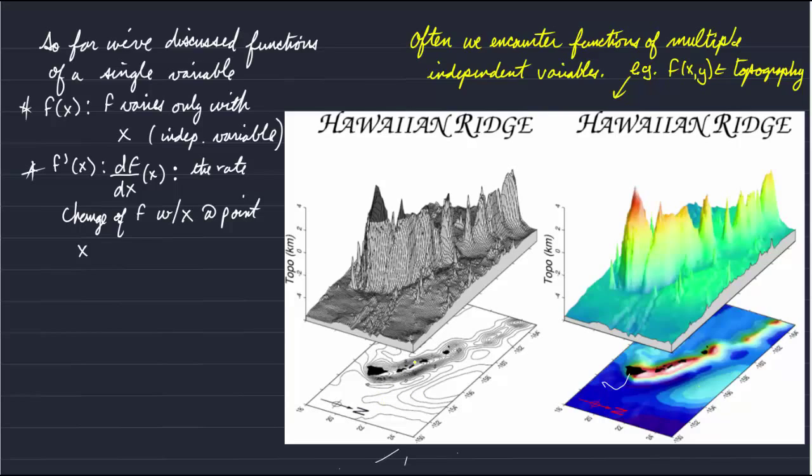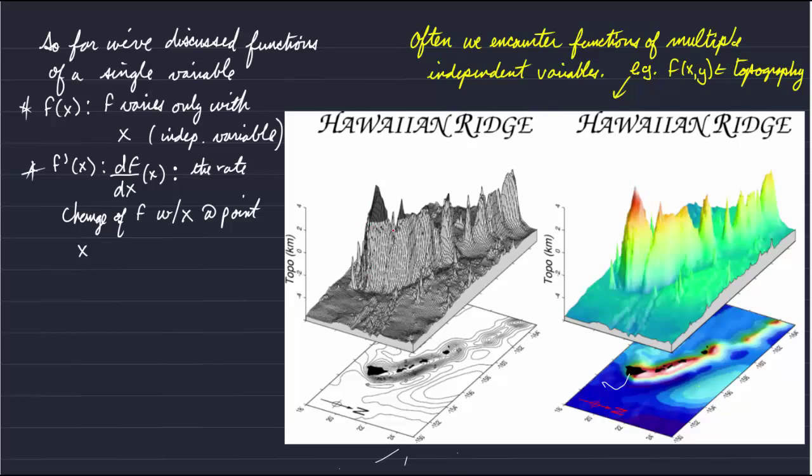This bottom plot here is a contour plot. I'm not sure if you can see my cursor here. This is a contour plot of topography. This is the big island of Hawaii. This direction is north, and you can see Hawaii marching up through Maui, Molokai, Oahu, and Kauai. And the topography is contoured here, and it's also projected here as a three-dimensional perspective plot.